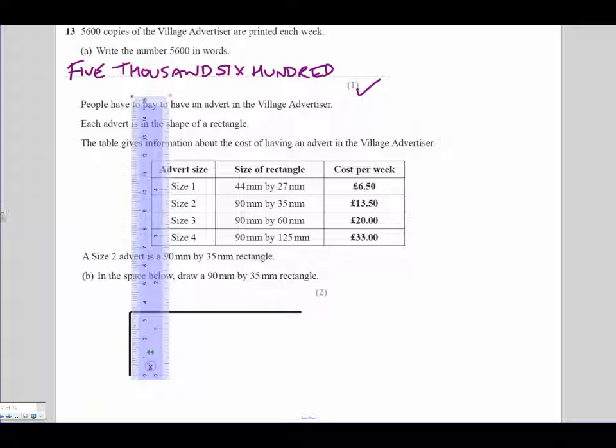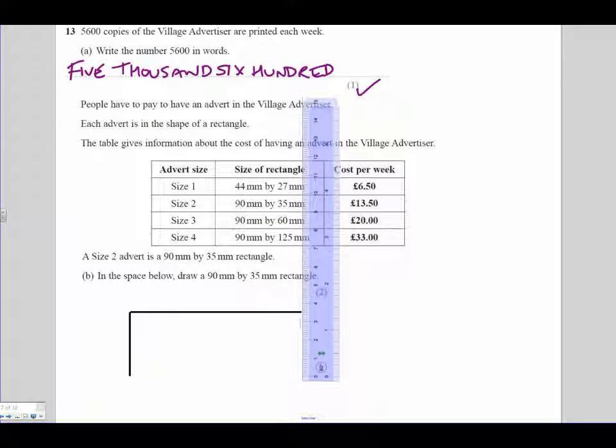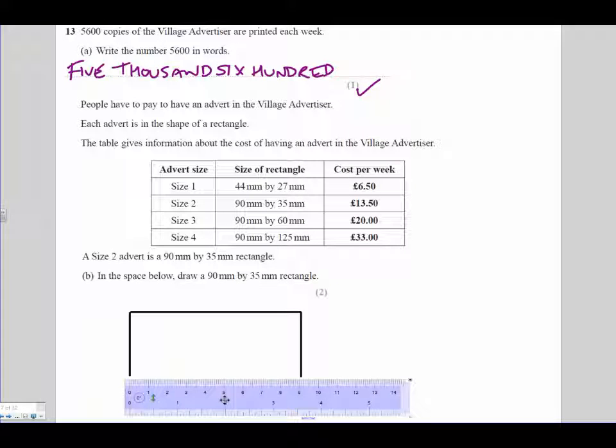Then all you need to do is draw another 35mm line at the other end, making sure it's at right angles, and then join the two open ends. And there we have our rectangle, 90 millimeters by 35 millimeters. So 9 centimeters by 3.5 centimeters on our ruler.